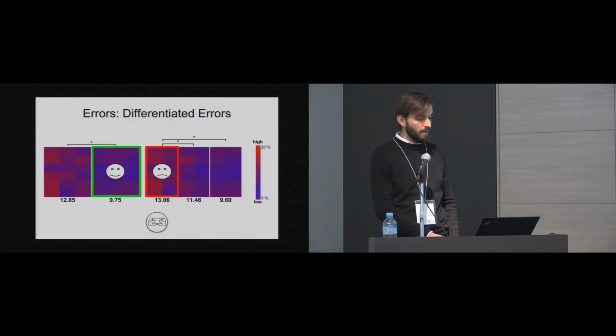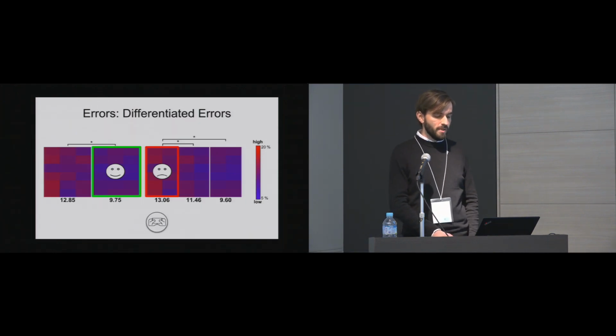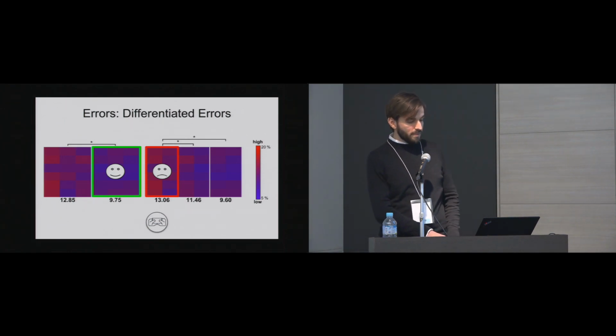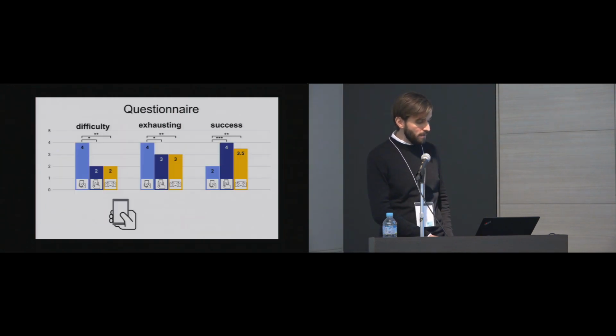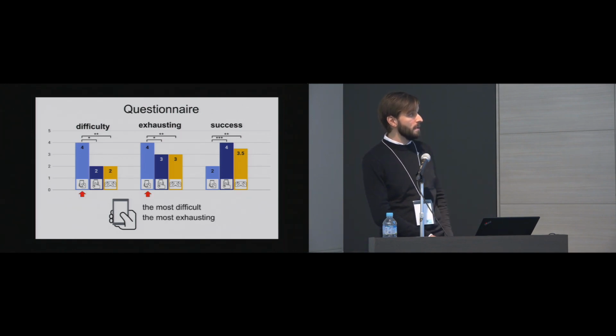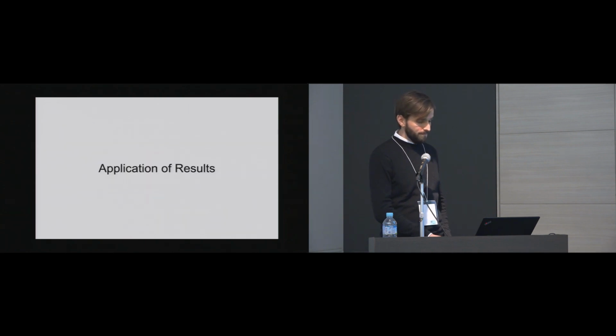And looking at the two-handed thumb grip, taps on the right screen half show fewer errors than on the left. When we compared screen thirds, the leftmost third shows the highest error rate. And next we will look at the results of the subjective ratings. We found the one-handed thumb grip to be subjectively the most difficult, the most exhausting, and the least successful.